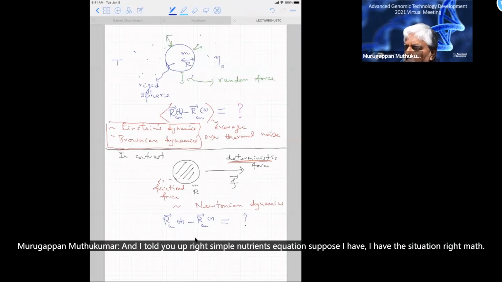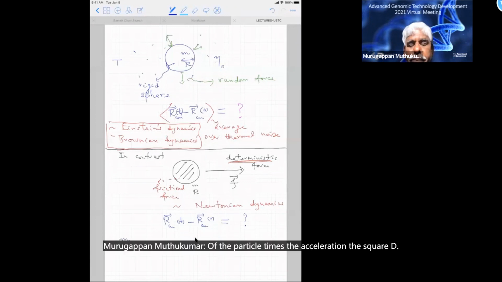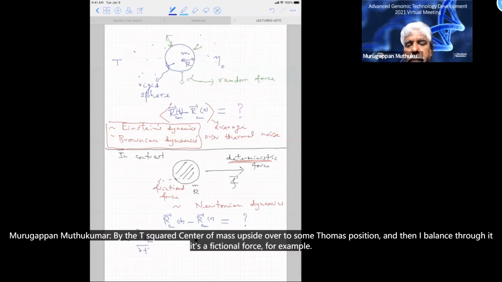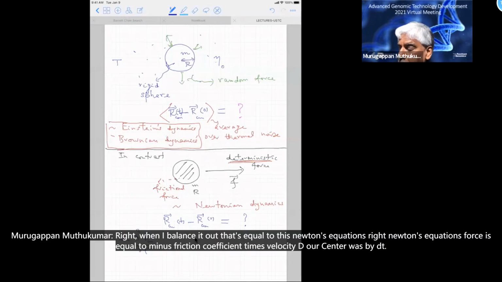And I told you, if you write simple Newton's equation, suppose I have the situation, mass of the particle times the acceleration, d squared by dt squared of the center of mass position, a vector. And then I balance it with, say, frictional force, for example. That's Newton's equation: force is equal to minus friction coefficient times velocity, dr of center of mass by dt.